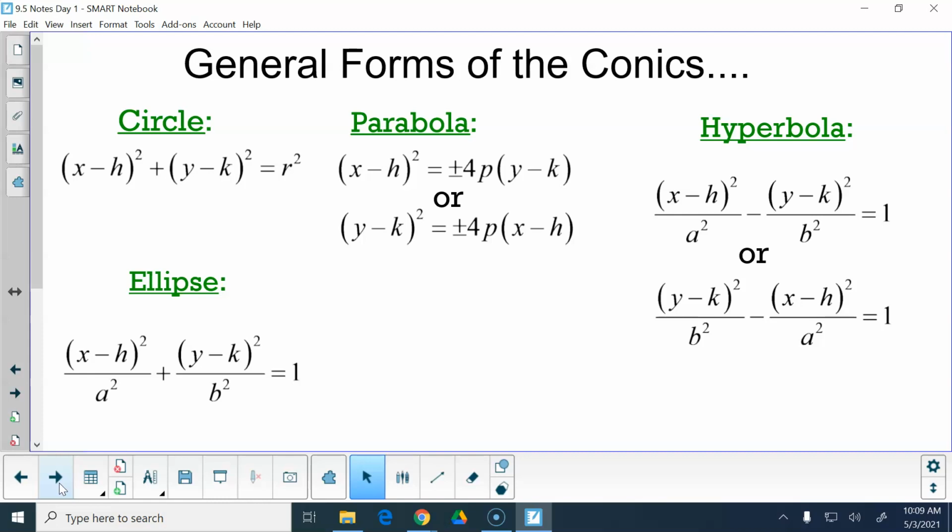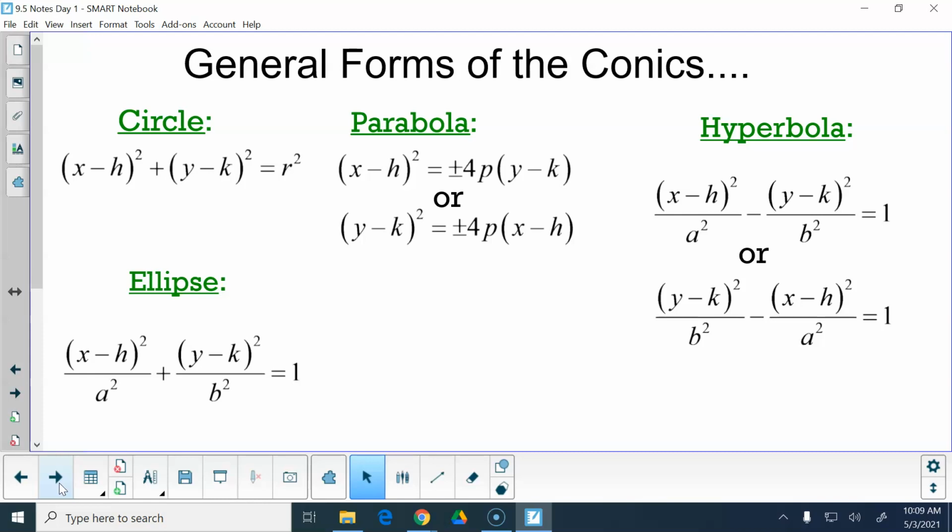An ellipse looks like this: x minus h quantity squared divided by a squared plus y minus k quantity squared divided by b squared equals 1. Then the 2 different forms of a parabola. Remember, the top one is an up or down opening parabola. The bottom one is a left or a right opening parabola.